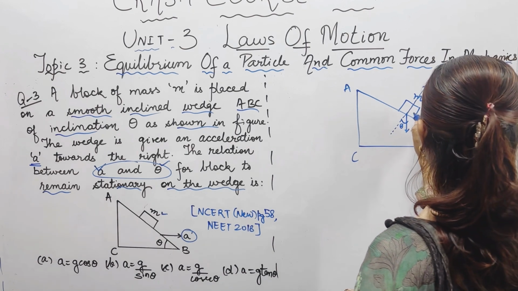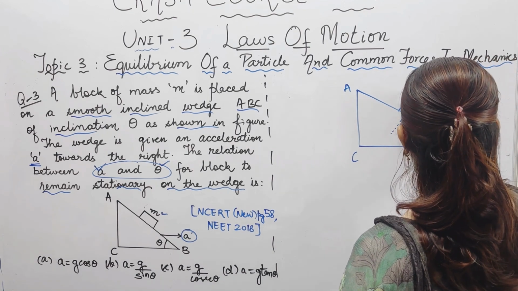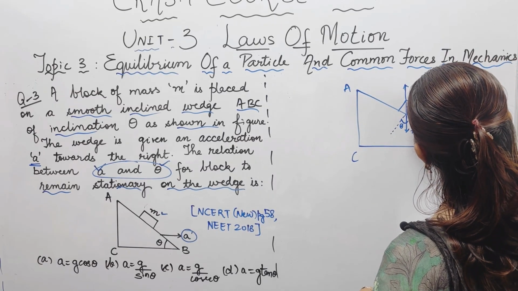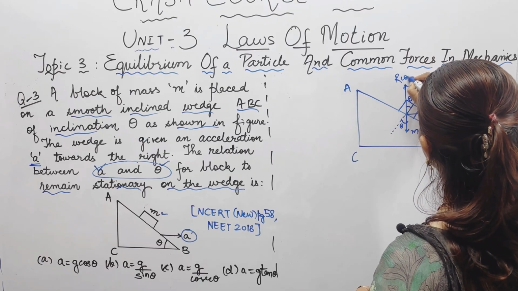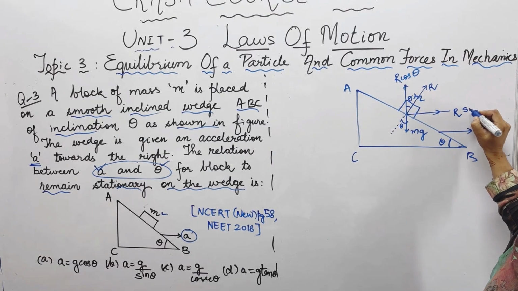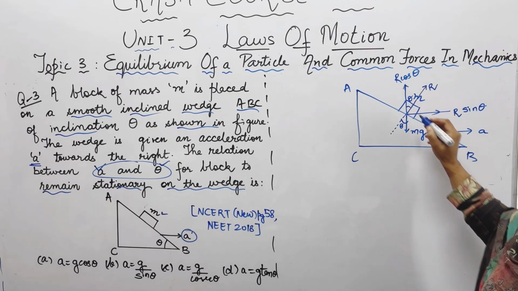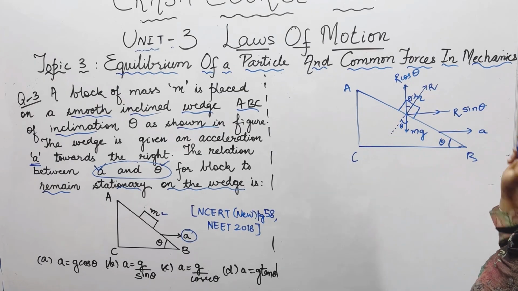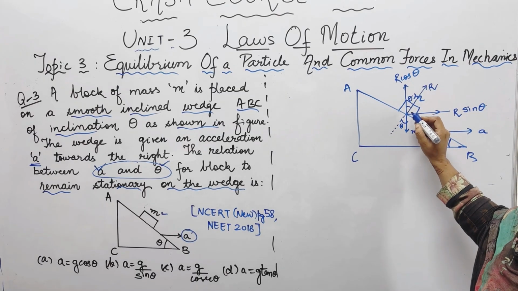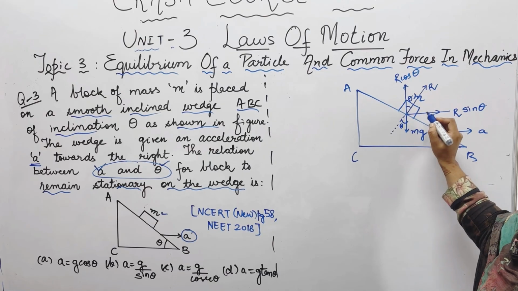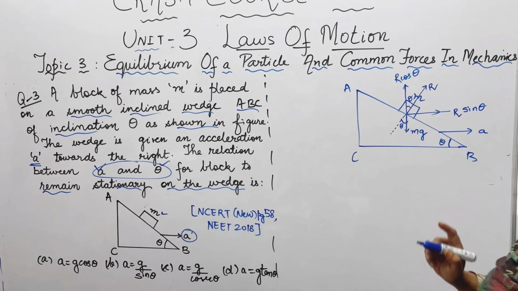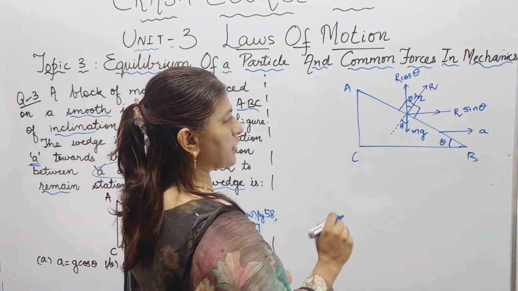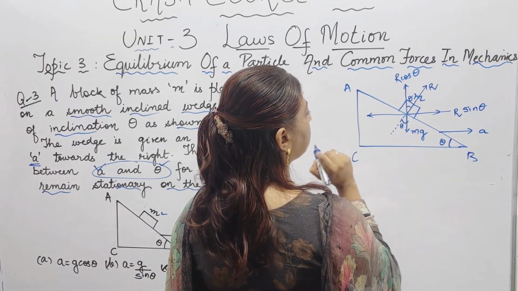Now this reaction, if it is resolved into components, since this angle is theta, this is R cos theta component and this is R sin theta component. क्योंकि ये जो मास m है ये इस वेज के साथ अटैच्ड है, अगर वेज एक्सेलरेशन a से राइट साइड मूव करेगा तो उसके साथ साथ मास की भी राइट डायरेक्शन में एक्सेलरेशन आएगी. लेकिन जो इसका स्यूडो फोर्स है, जो इनर्शियल फोर्स इस पे एक्ट करेगा, वो लेफ्ट डायरेक्शन में आएगा.